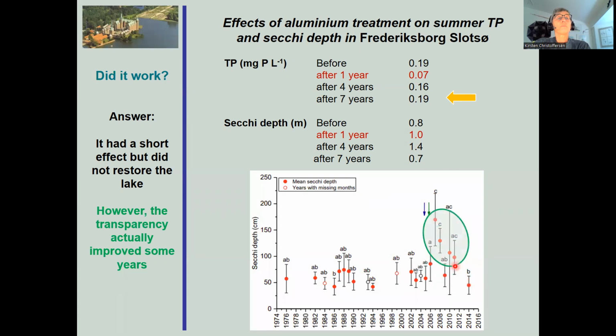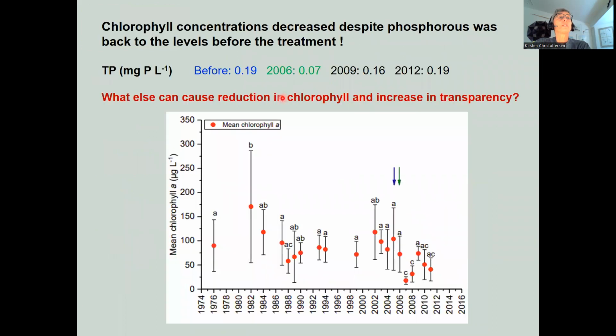Now, if we look at the chlorophyll, this is a mean chlorophyll. It's an interesting thing because despite the fact that the phosphorus level was still high, we did not have so much chlorophyll. If you look at this one here, you can see that this one should go down here.